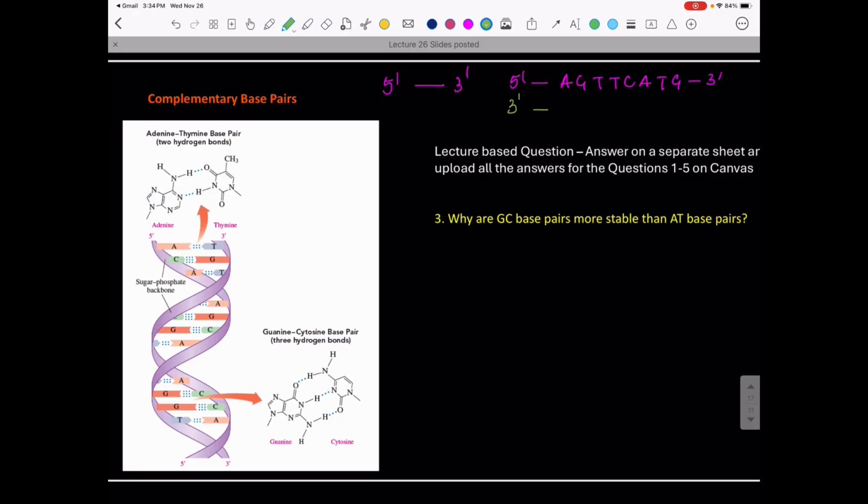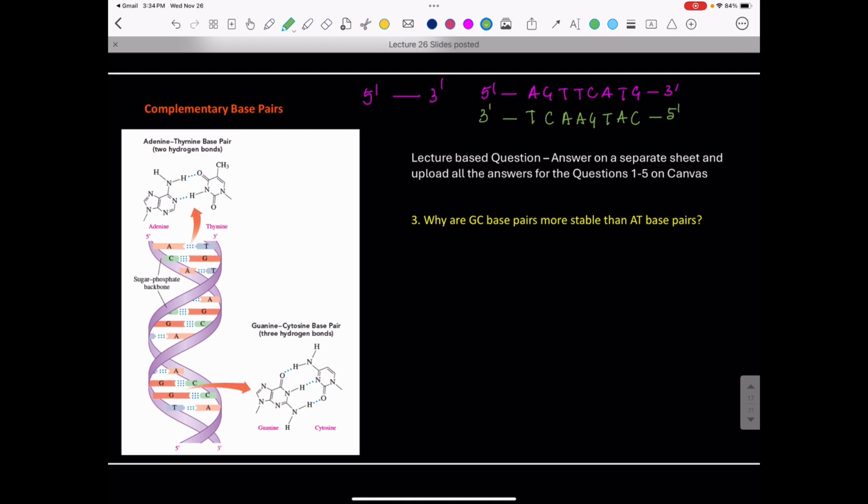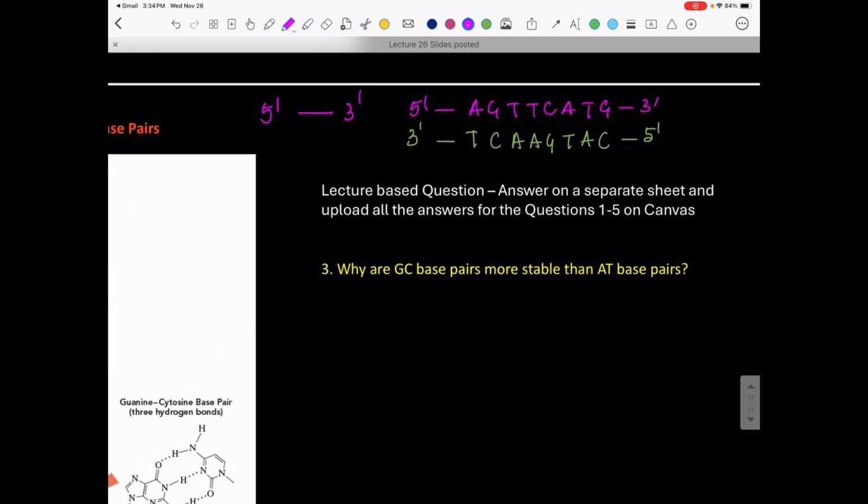A will base pair with T, G will base pair with C, A, G, G, T, A, C, and we end with the 3' there. So again, you can see that the base pairing between AT will be double, and base pairing between GC will be triple bonded right there.